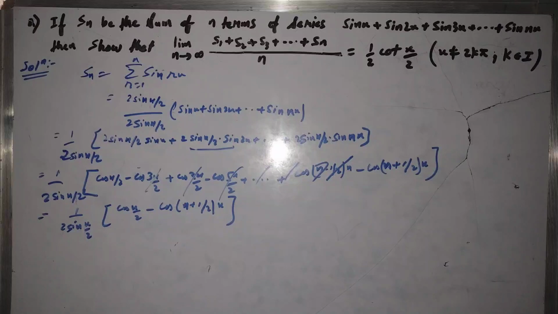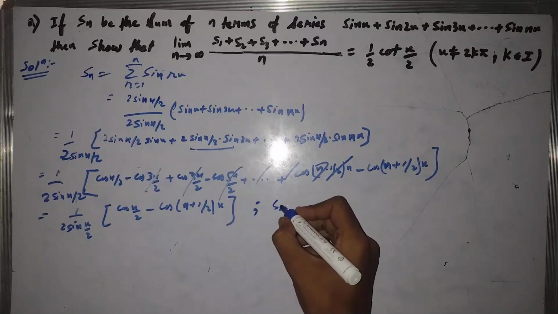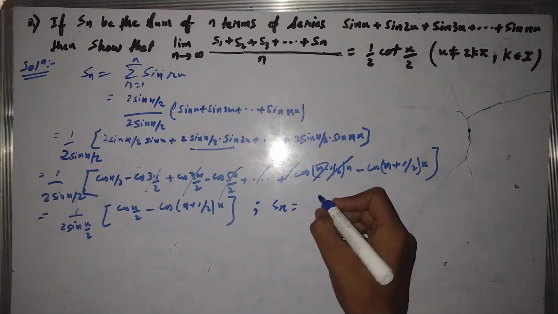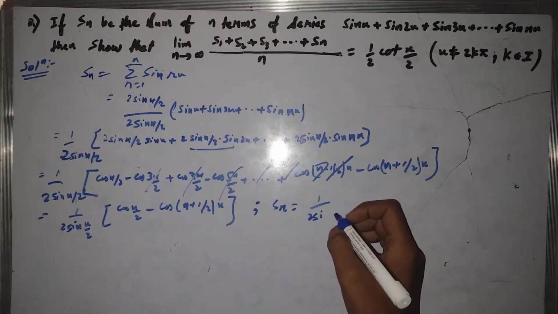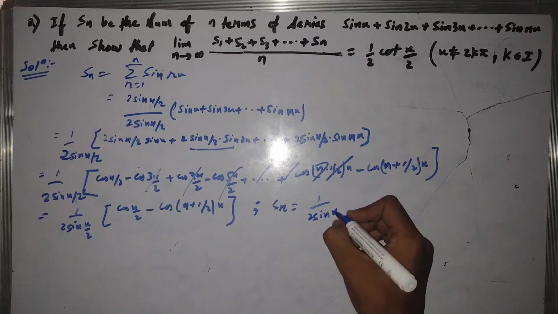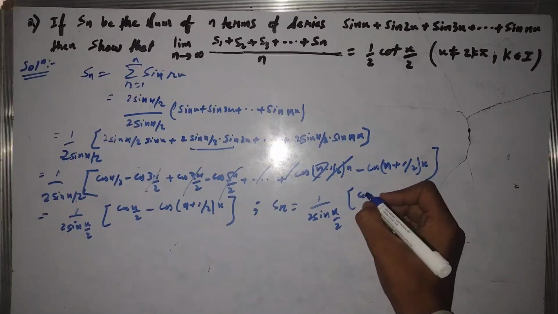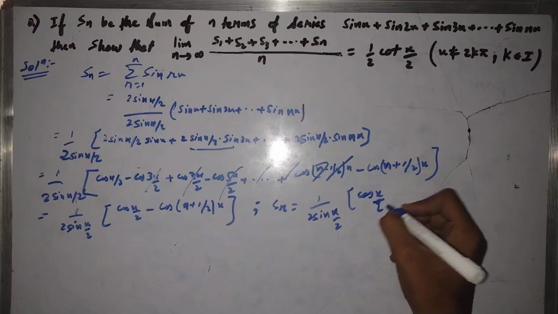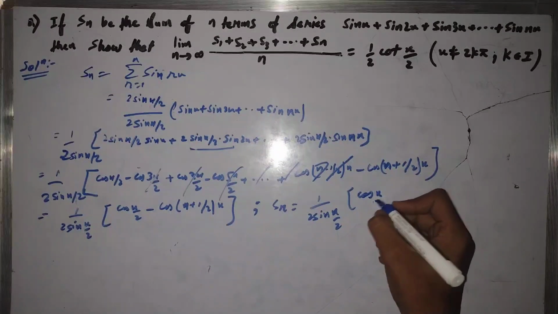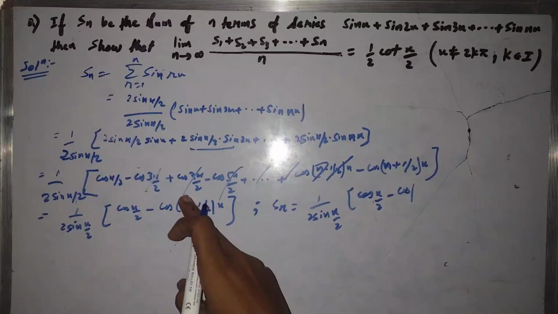Now, this is Sn, but let us generalize this. Then Sr would be 1 upon 2 sine x by 2 times cos of x by 2 minus cos of r plus half into x.